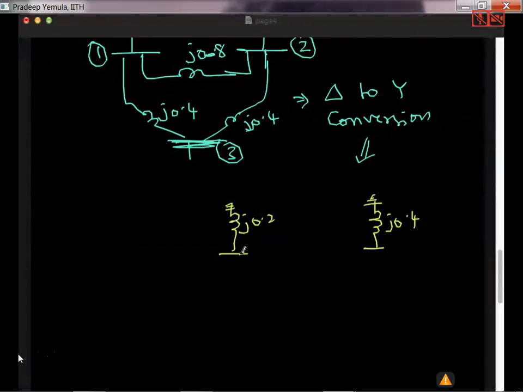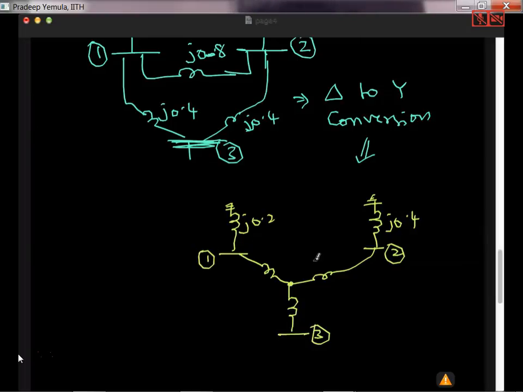Now I get a star point here like this. This is bus 3, this is bus 2, this is bus 1. So what is the value of this? You might remember this from your circuits course: 0.4 into 0.4 divided by 0.4 and so on. I'm not going to show you the formula, I'm just writing the conversion. So this is what you will get.